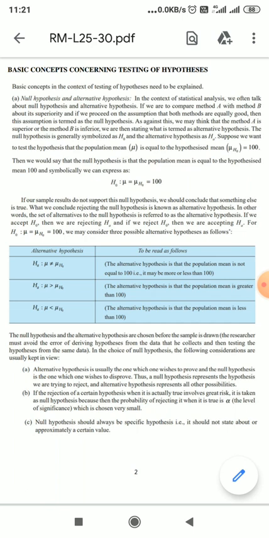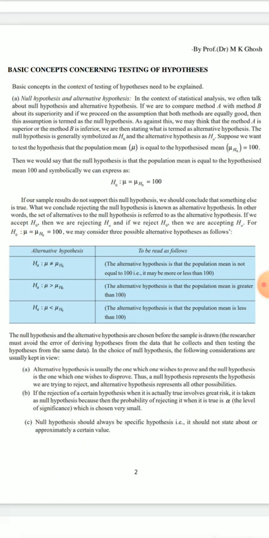Now suppose we want to test the hypothesis that the population mean mu is equal to the hypothesized mean mu H0, which is equal to 100.